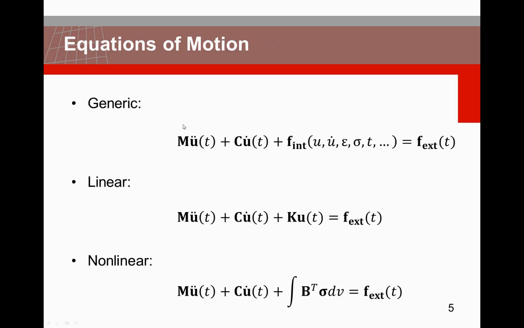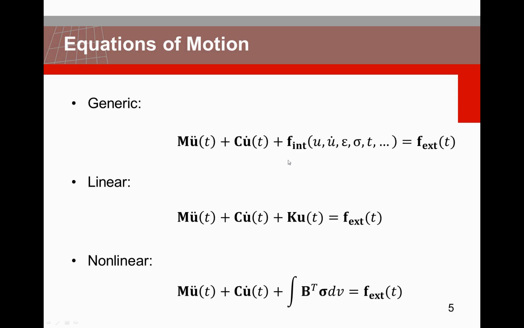Here I'll start with the generic one of course. We still have the term which we saw on the previous page, M times u double dot, which means it's the displacement and then the second time derivative. So this is the acceleration term, which means that all other parts you see here should be the forces. That is correct. We have the external forces, we have internal forces, and we have some damping forces.